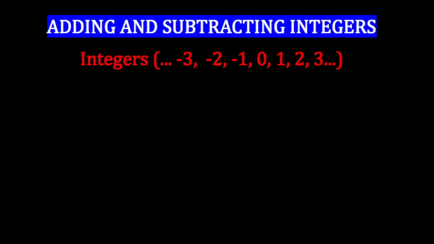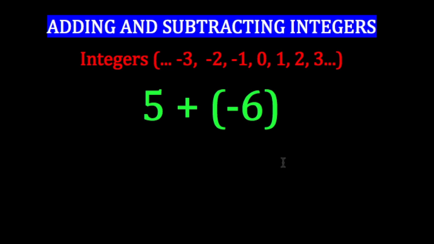So what if you see it this way? 5 plus -6. So this is the same thing as 5 minus 6. So you can rewrite this as 5 minus 6 because a positive and a negative gives you a negative. Okay? So it's the same as you have $5, you add a -6 to it, meaning that you withdraw $6 from the bank.